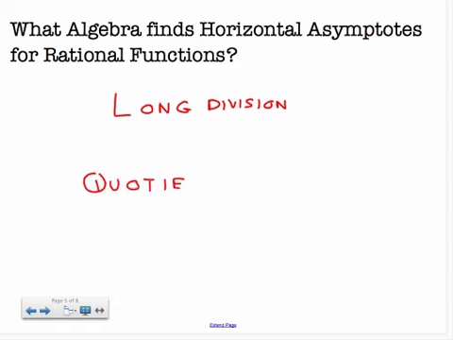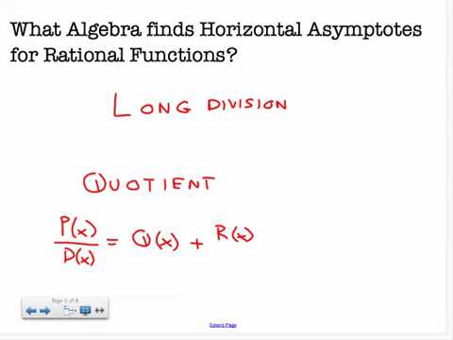If you'll recall, we've been writing long division problems in the form p of x over d of x, your polynomial divided by a divisor, is equal to a quotient function plus a remainder function divided by your divisor. And so when we want to determine if there's a horizontal asymptote or not for a function, we're going to be looking at this q of x. And we'll take a look at some examples to see what I'm talking about here.